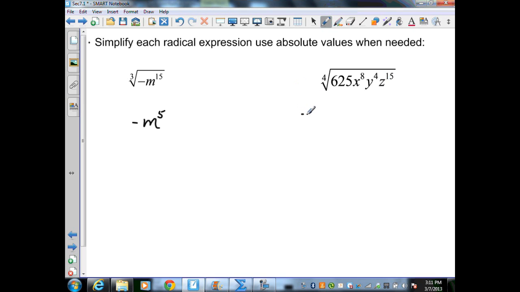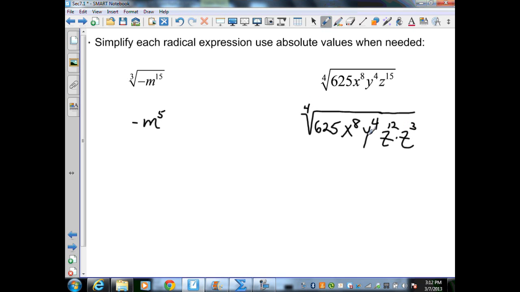So I bring down my radical expression to the 4th root, and that's going to give me 625 x to the 8th, y to the 4th, and z, and I'm just going to subtract that by 3 to get 12, and that would give me z to the 12th times z cubed, which is z to the 15th.